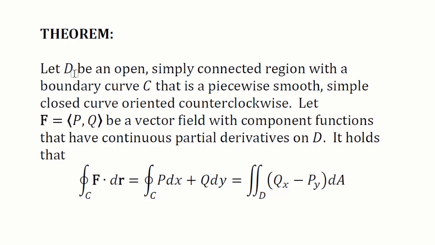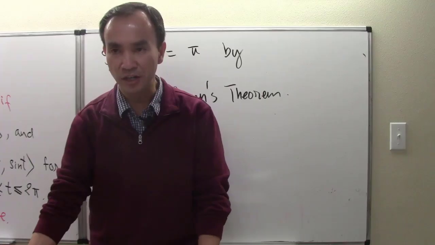Let D be an open, simply connected region with a boundary curve C that is a piecewise smooth, simple closed curve, oriented counterclockwise. It's a simple closed curve, and that's what C is. And C is the boundary of this domain D. Before we get too far, let me swing back to the board.